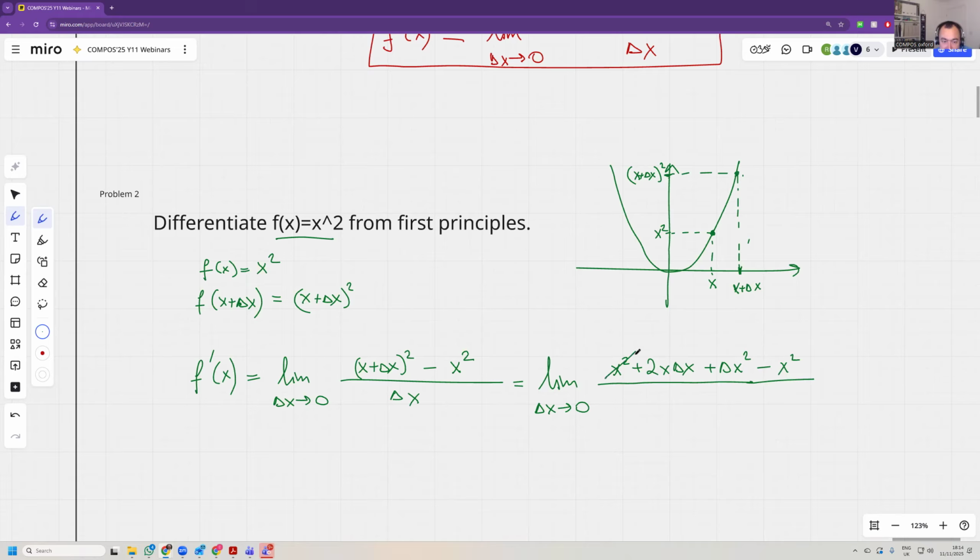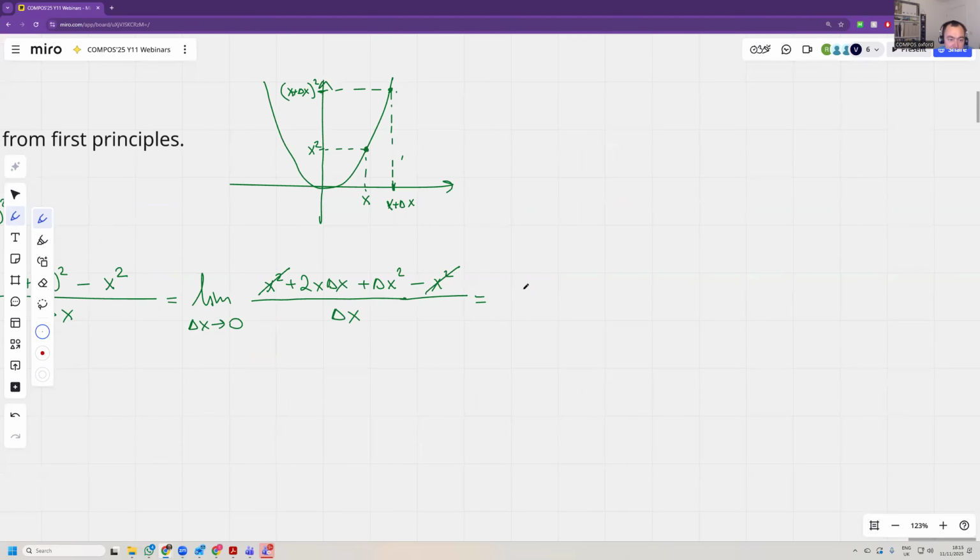And you can see that x squared cancels. We get delta x. If we divide both by delta x, we get the limit, delta x tends to 0, of 2x plus delta x.